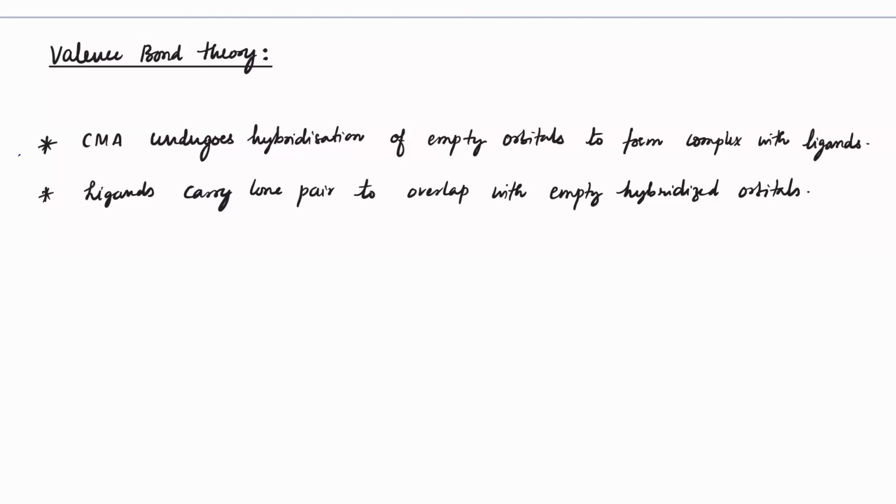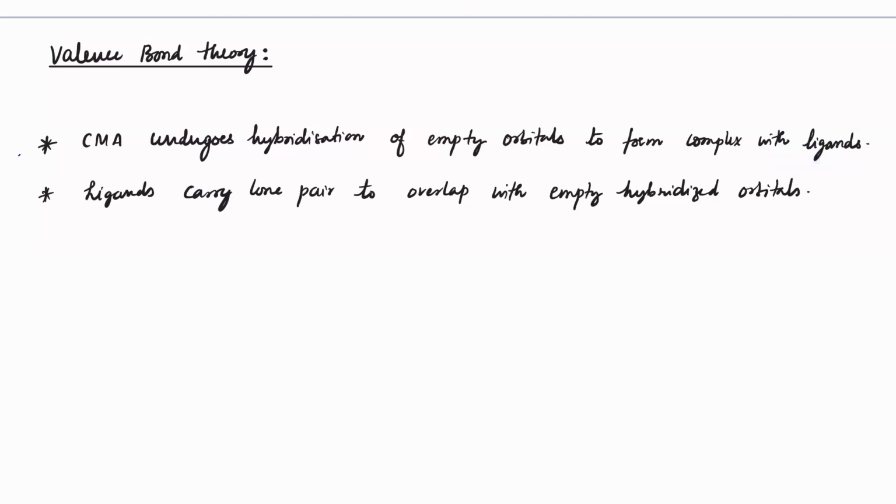Here metals will use the empty orbitals to make hybridized orbitals. And in those empty orbitals, ligands will make coordinate covalent bonds.